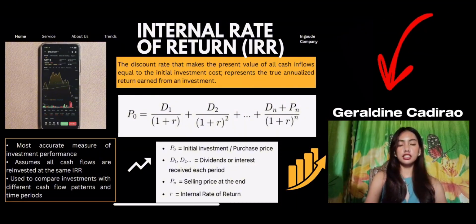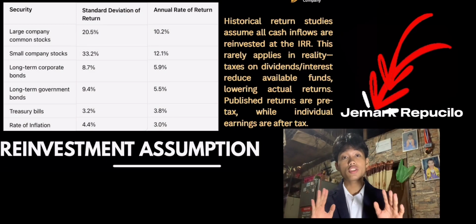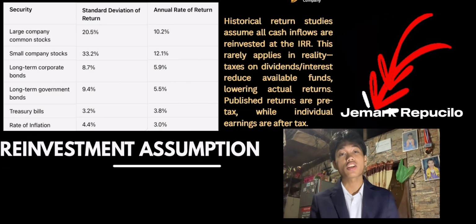So, in short, the internal rate of return shows you the actual annual percentage yield of an investment, helping you decide if it's worth your money or better than other options. So let's talk about the reinvestment assumption.